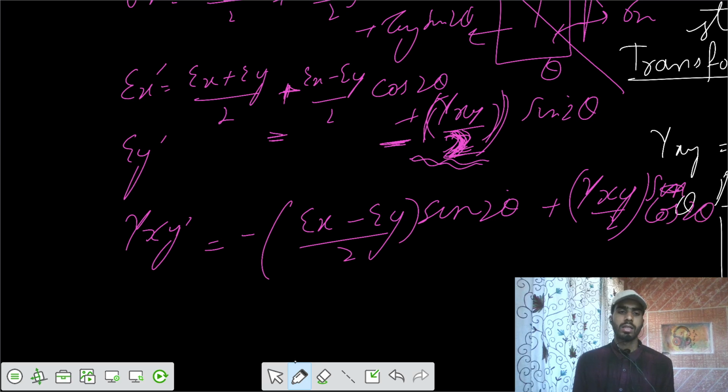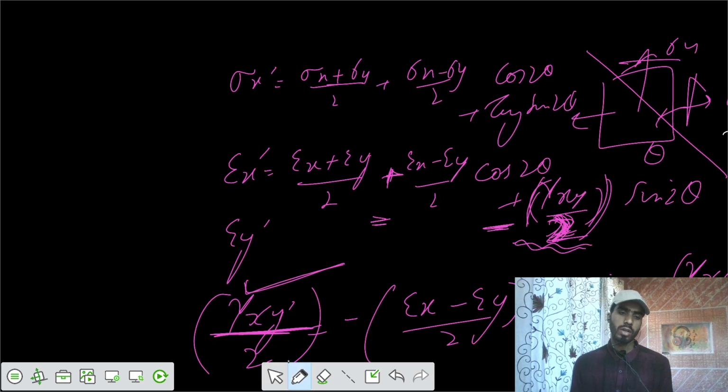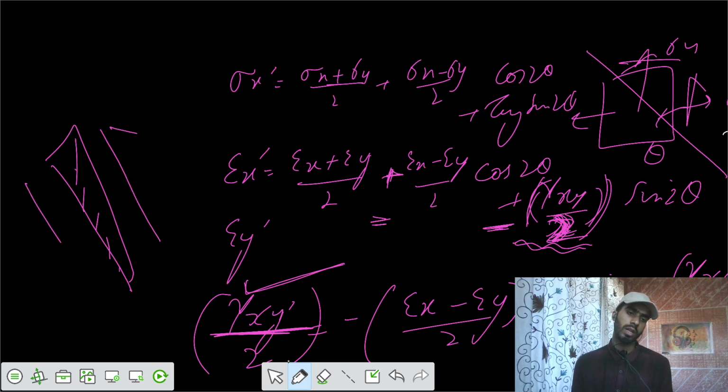And this particular term is also 1 by 2, because you are talking about a particular plane, let's say at an angle of theta. On this plane, only one shear stress is acting. There are no two shear stresses acting, because it is only a single plane. So on that particular plane, in a plane stress condition, only one shear stress is possible.